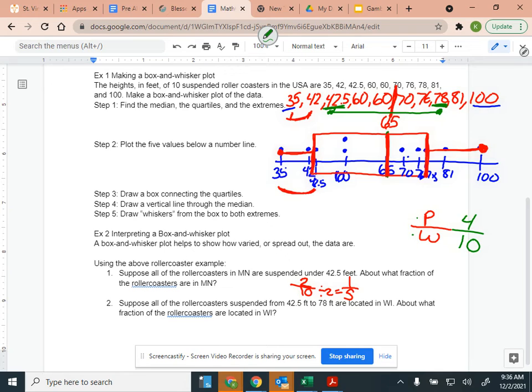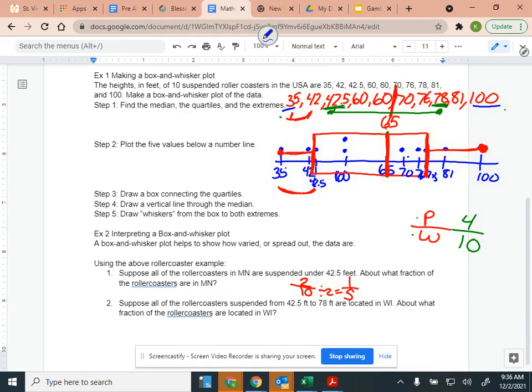So we got the 10 because there are 10 roller coasters altogether. But what is the part? We're looking at between 42.5 all the way to 78. How many roller coasters are there between 42.5, starting at 42.5 and going up to 78? So it says from, so it doesn't say it can't be 42.5. It says from 42.5. So you were close, you were on the right track.